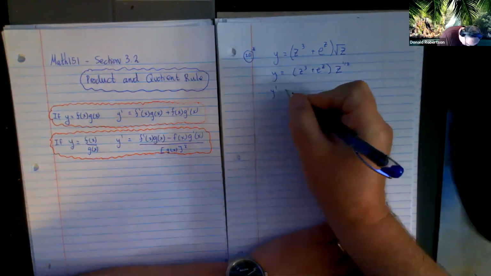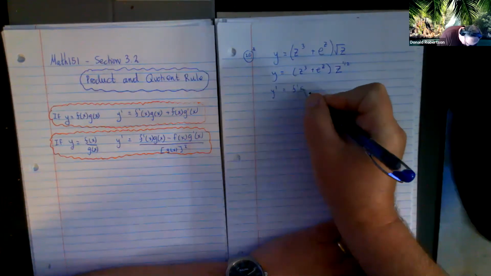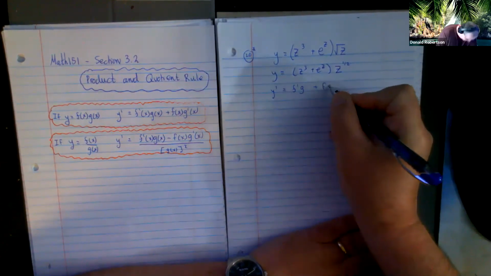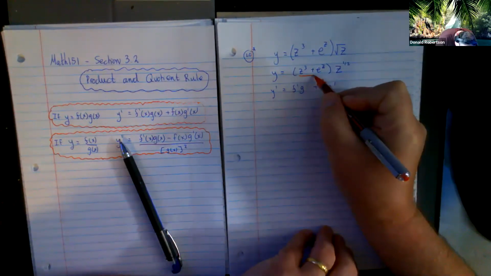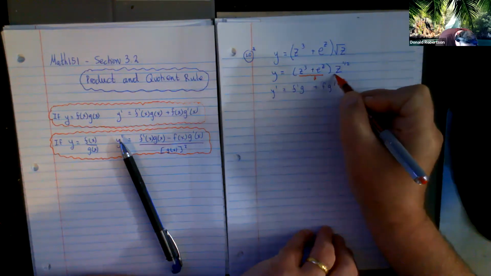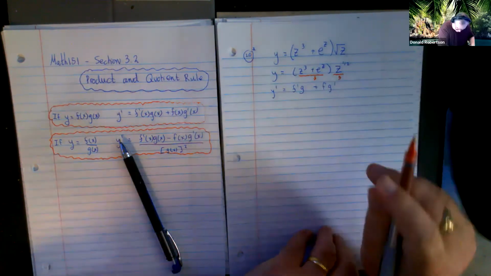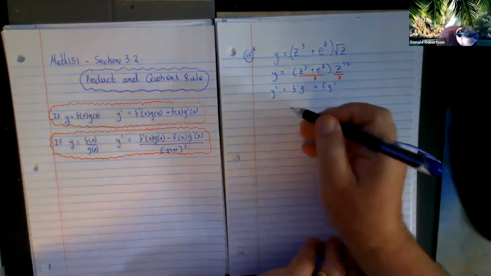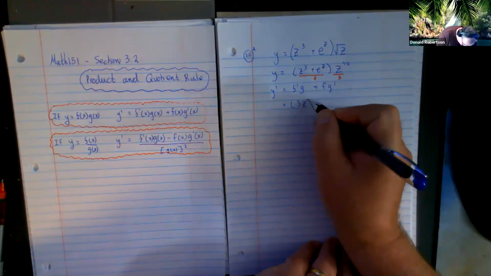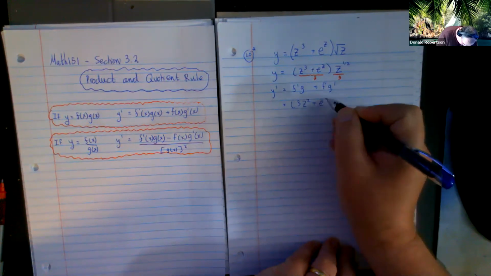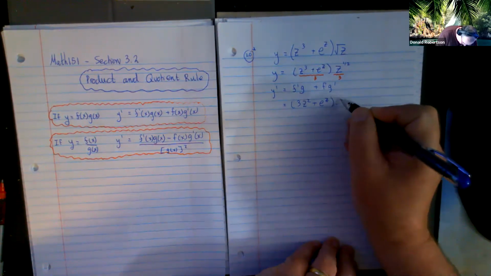And so the derivative is going to be f dash g plus f g dashed. And in this world, that guy can be the f, and this guy can be the g. So let's see what we get. You differentiate this guy, you get 3z squared plus e to the z, and you leave the other guy alone.